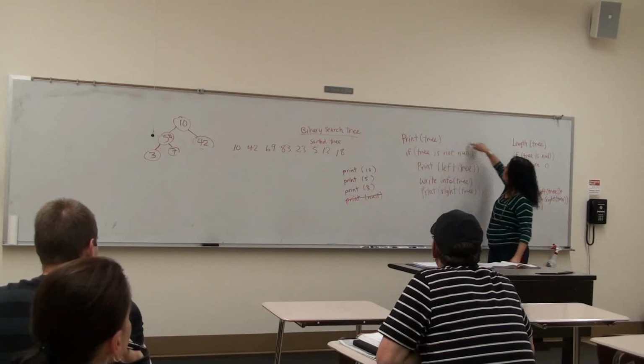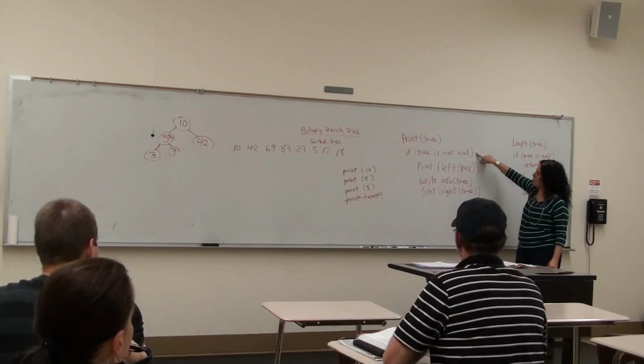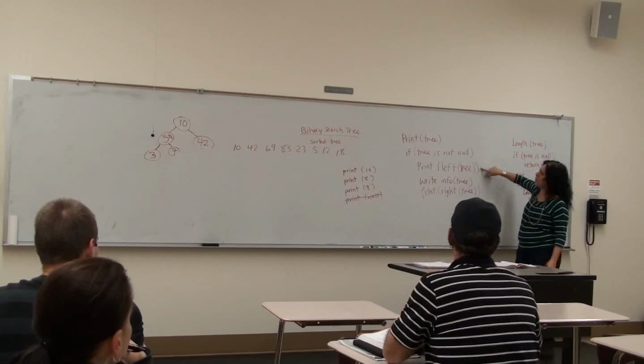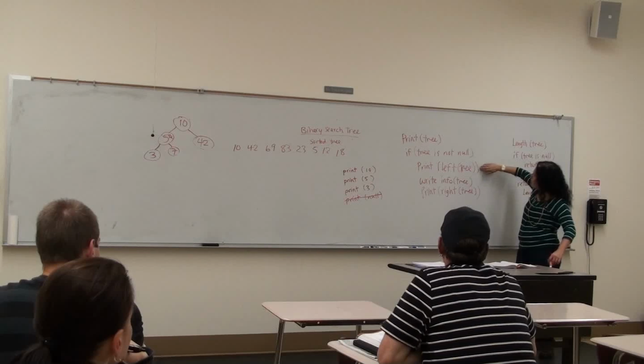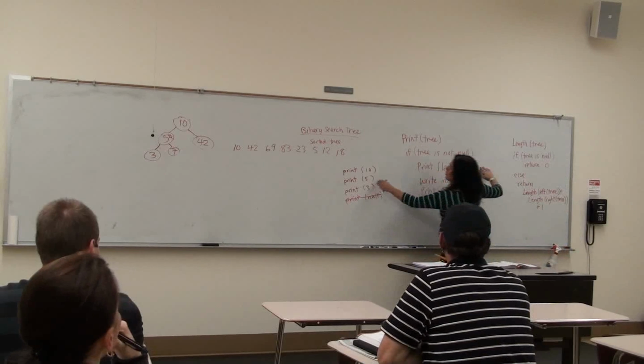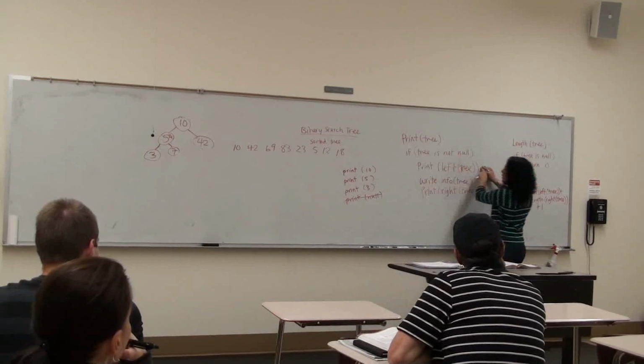Okay, we come in here, it's not null. We are done with all the print lefts. So we come out of here. We called it from here and it returns to here.